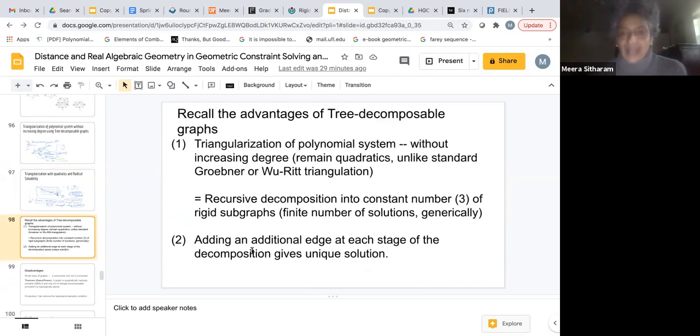So here, this part maybe explains a little more, Alex: there are 2 solutions in general at each stage, a finite number of solutions, typically 2, could be 2 or 1. But if you add in this additional edge at each stage, which means one more constraint, which we also did in our original Euclidean sphere intersection algorithm, it reduces to a unique solution.